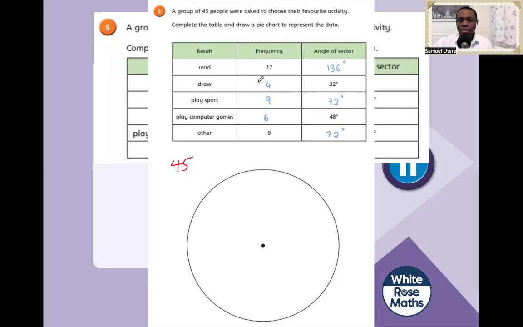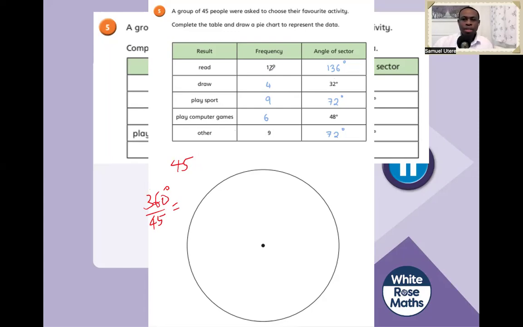If you think about it, that's what is really going on. So we'll do 360 degrees divided by 45, which is equal to 8. So that special number is 8.